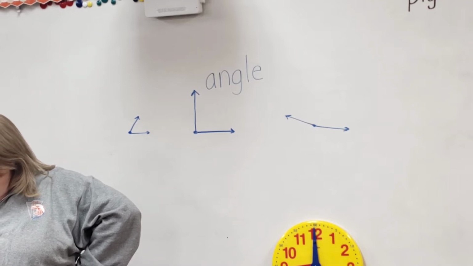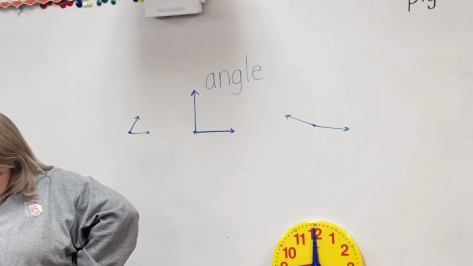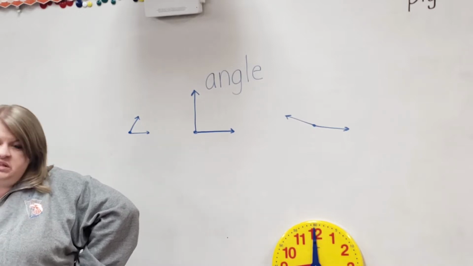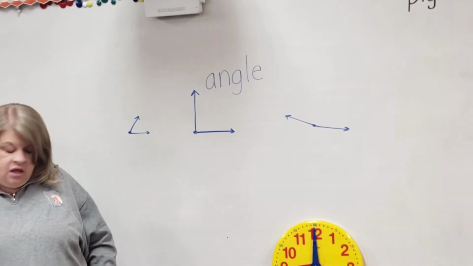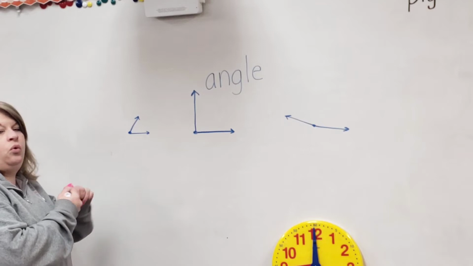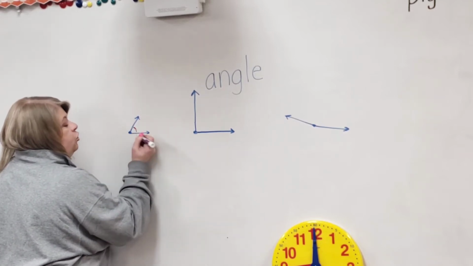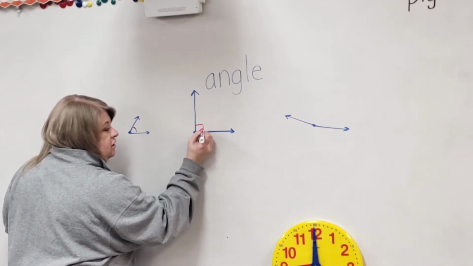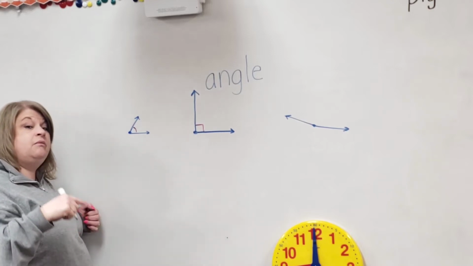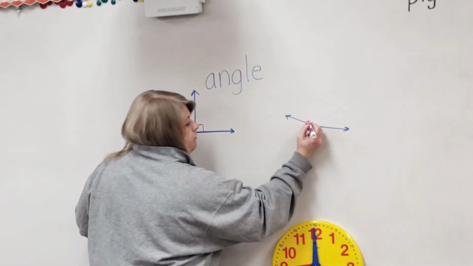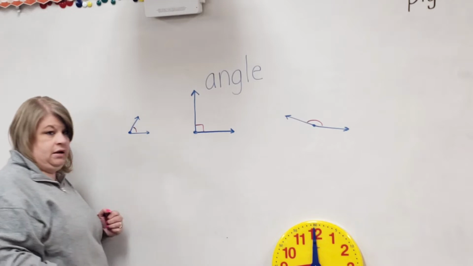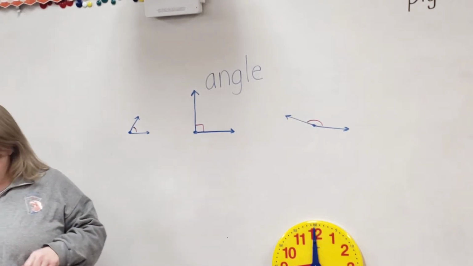There's a smaller one, a bigger one, and a square. Do you see the red line that they put in the corner? When you see that, you know that they're talking about the angles.